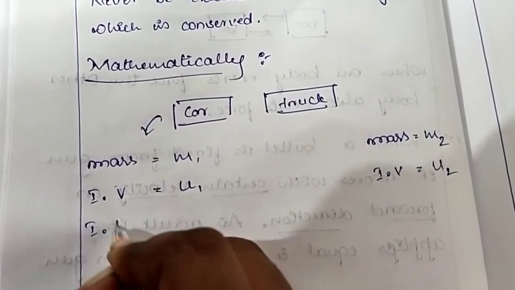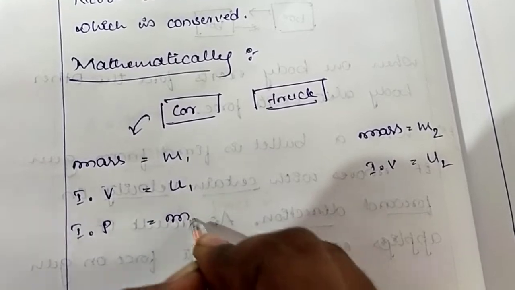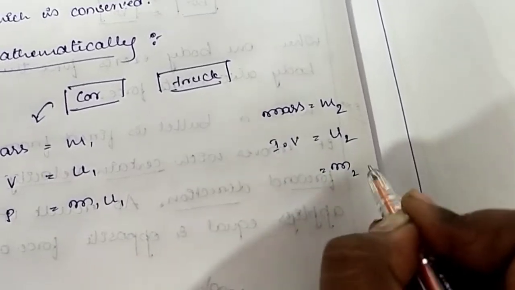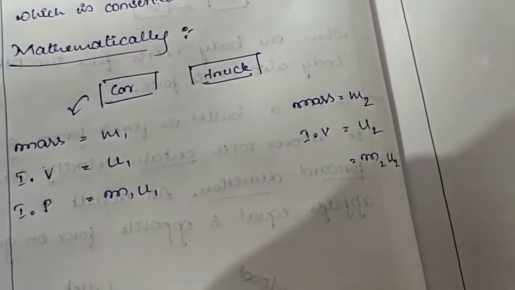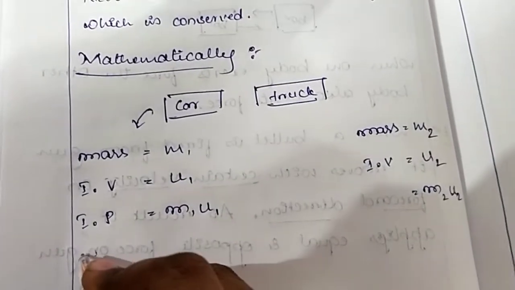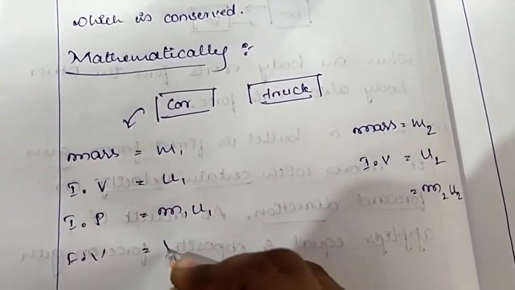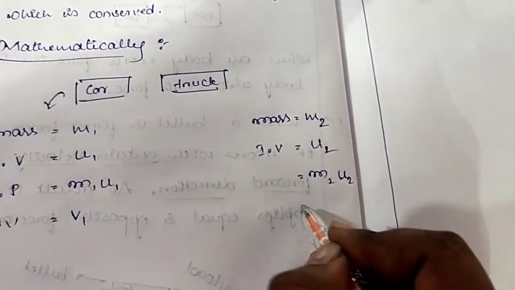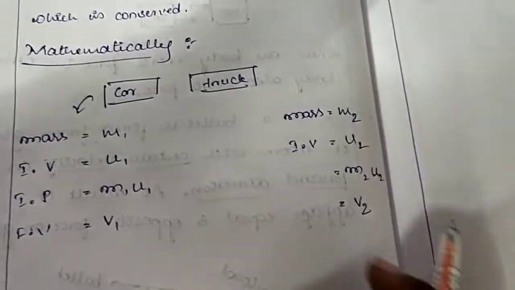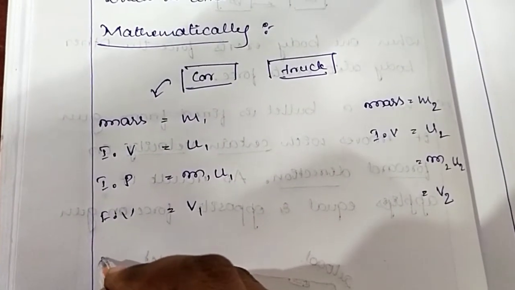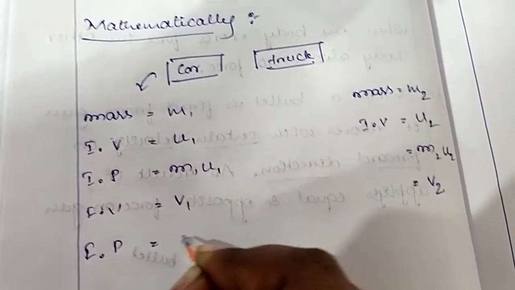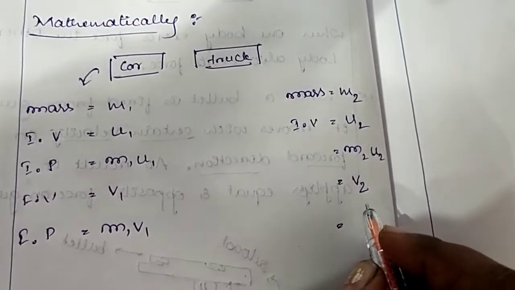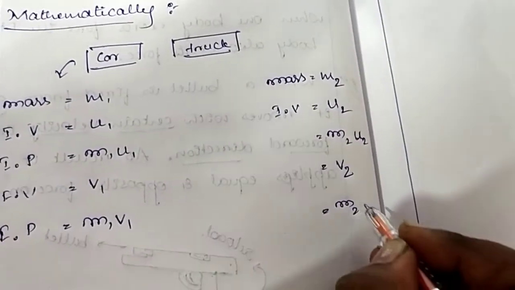And here, the initial momentum will be m1 u1, and here we can take it as m2 u2. Initial we are taking. And similarly, the final velocity we will take as v1, and for the truck the final velocity is v2. And again, the final momentum will be m1 v1, and the final momentum for the truck will be m2 v2.